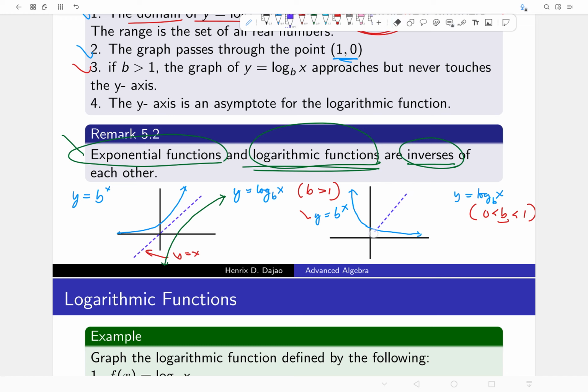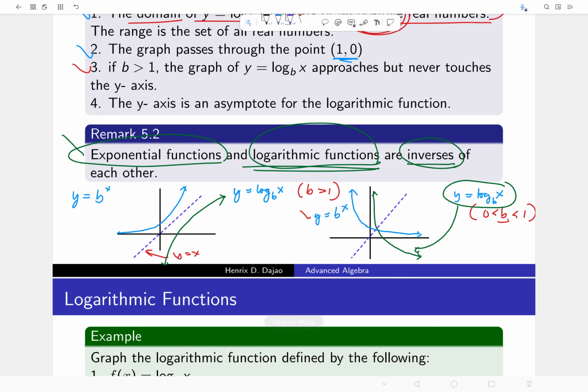The graph is not so perfect. So now the graph of the function defined by this is this one in green.